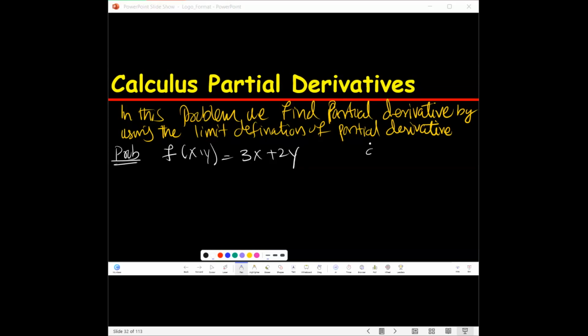I want to calculate this and this. If I want to do it the usual way, my answer with respect to x should be 3, and the other one will be 2. But I don't want to do that. I want to use the limit definition, so I'm going to apply it.